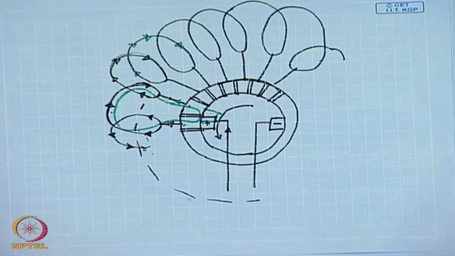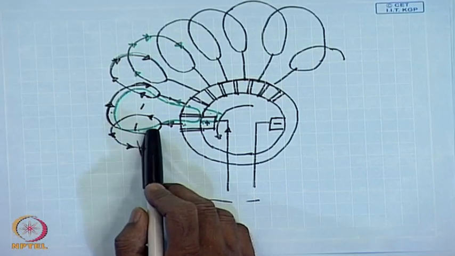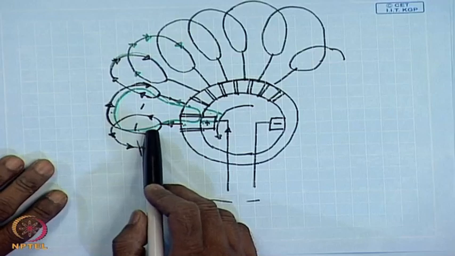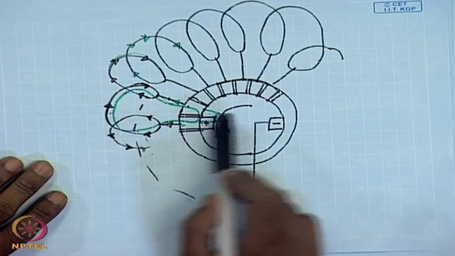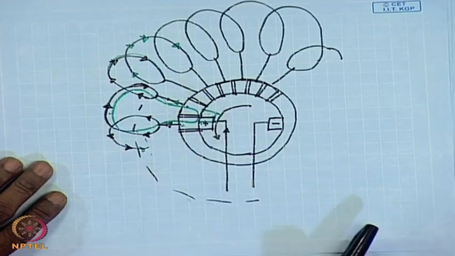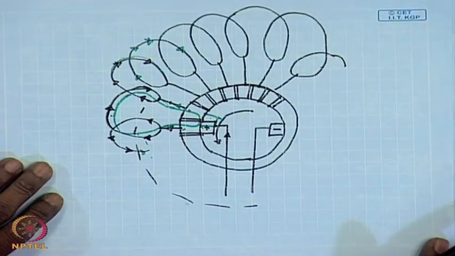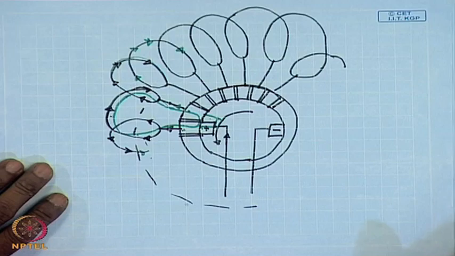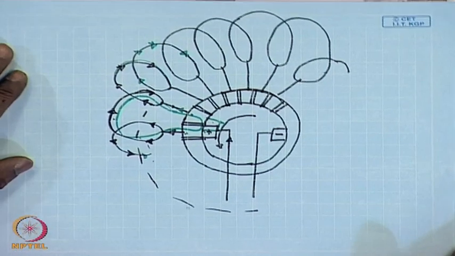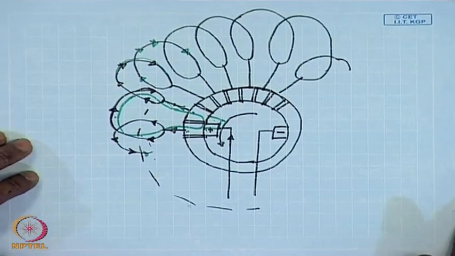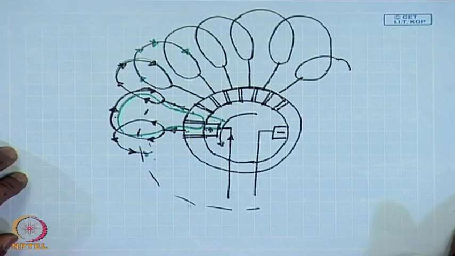So, if there is any voltage induced in this coil and it is short circuited during commutation, there will be a very large current flowing in the coil and it can damage the coil. Therefore, it is not possible to short this coil when there is an induced voltage. So, only those coils in which the induced voltage is 0 will undergo commutation.